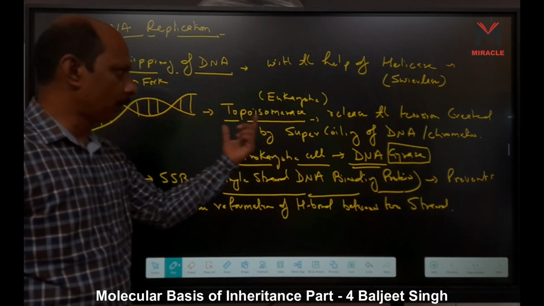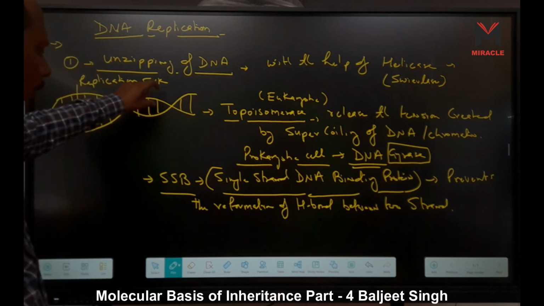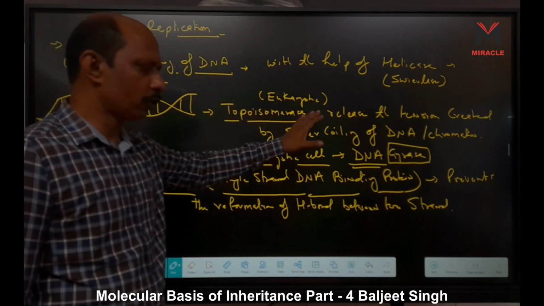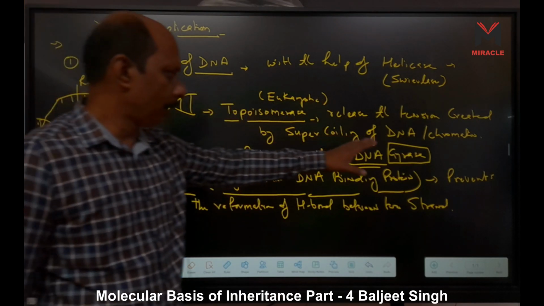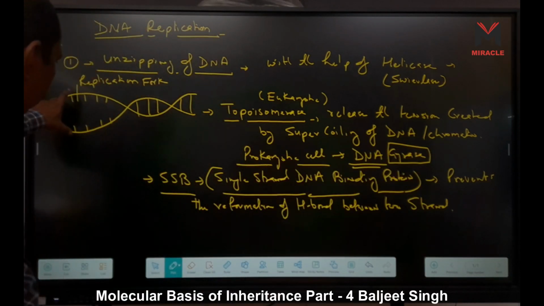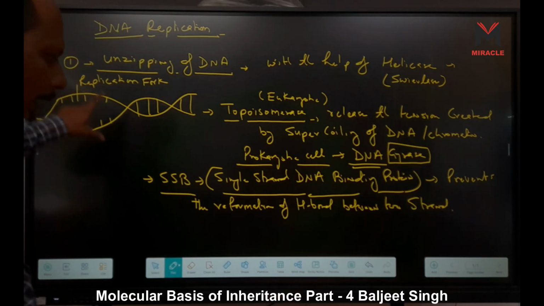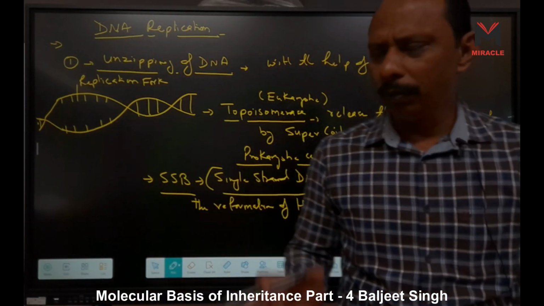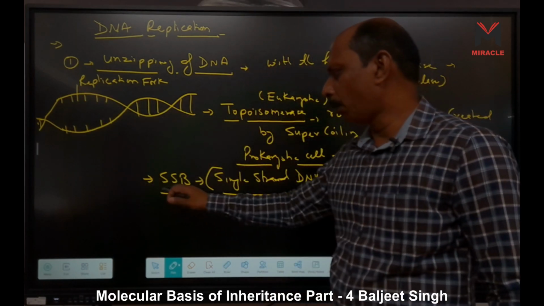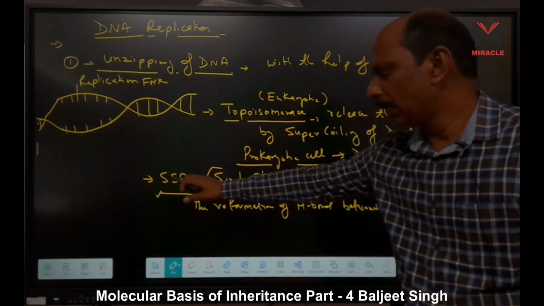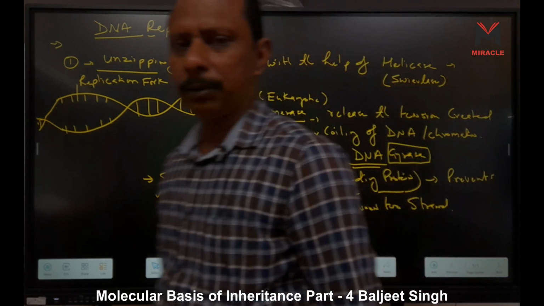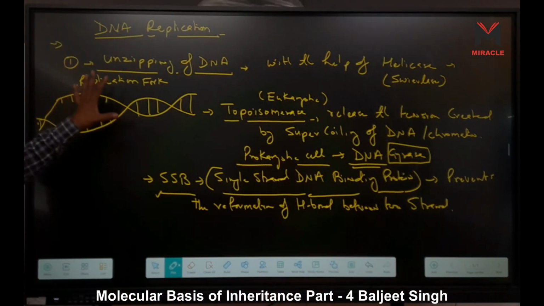And the tension which comes due to the supercoiling of chromatin threads is released by topoisomerase in eukaryotic cells and DNA gyrase in prokaryotic cells. The third thing is the reformation of hydrogen bonds, because one time they are broken down. It is prevented by another protein, called SSB or single strand DNA binding protein. These are specific proteins. This is the first step, the unzipping of DNA.